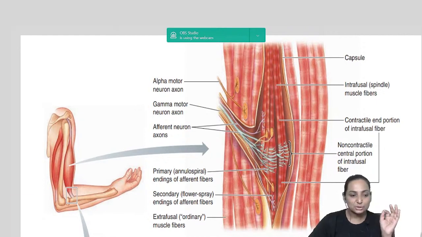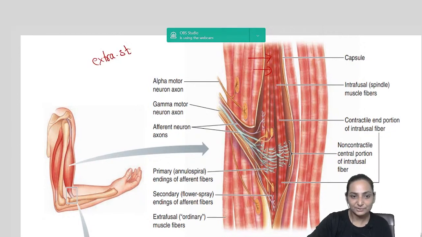Because the extrafusal and intrafusal fibers are merged towards their periphery, whenever the extrafusal muscle fiber stretches, the stretching of the extrafusal muscle fiber will result in the stretching of the intrafusal muscle fiber, because the peripheral ends are attached, right?